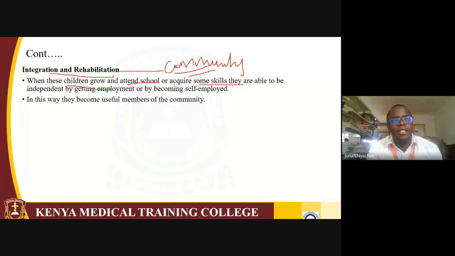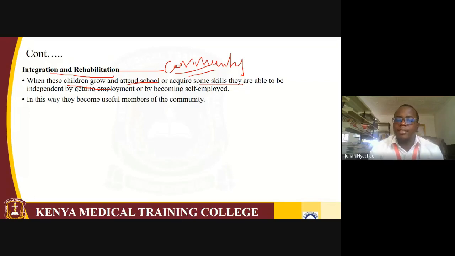A child is a responsibility of the community. It is all of us coming together to produce an individual who will be a useful member of the community.